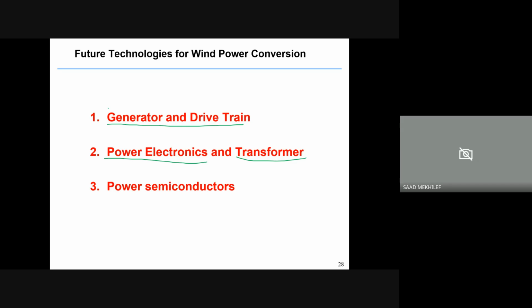From the electrical part, we are more interested in the generator, the drivetrain, power electronics, the transformer, and then the grid. Then we will look into the semiconductors, because semiconductors play an important role in these systems.